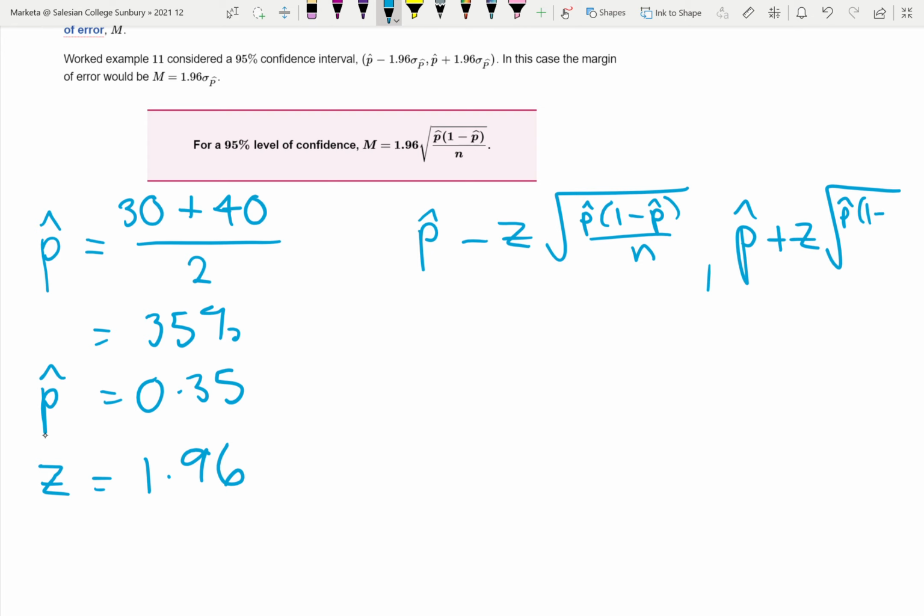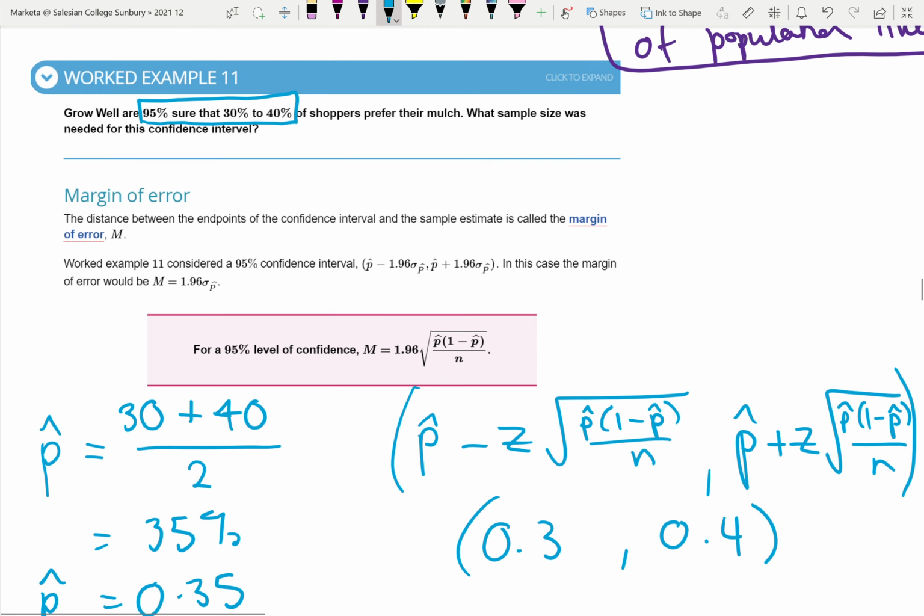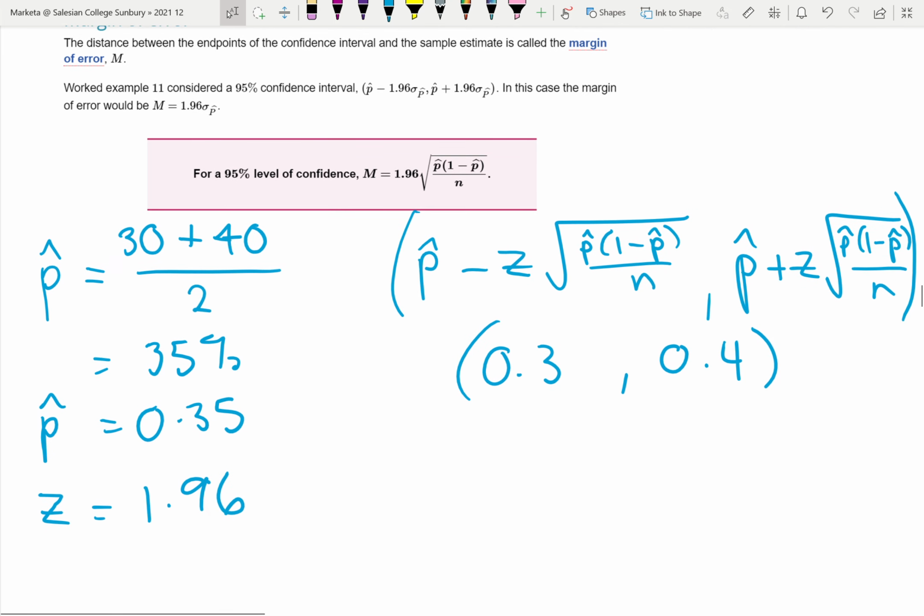Be careful, the plus and minus only exist here, not in the root. So now that would be our confidence interval. And what we know is that the confidence interval is 0.3 to 0.4, because it's between 30 and 40%. So we're 95% sure they're between 30 and 40%.